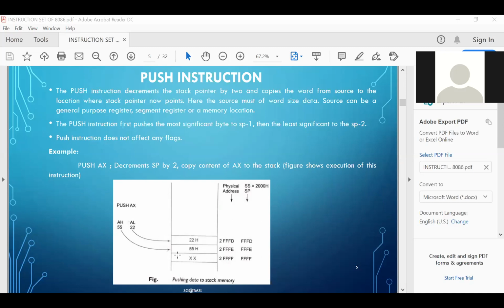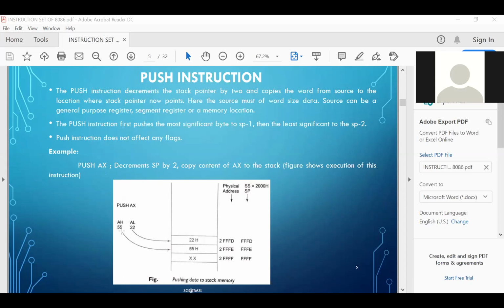Now to store a data byte according to the example push AX, push the content of the AX register. Suppose the AX register holds the data 5522. Now 55 is loaded inside AH and 22 is loaded inside AL.